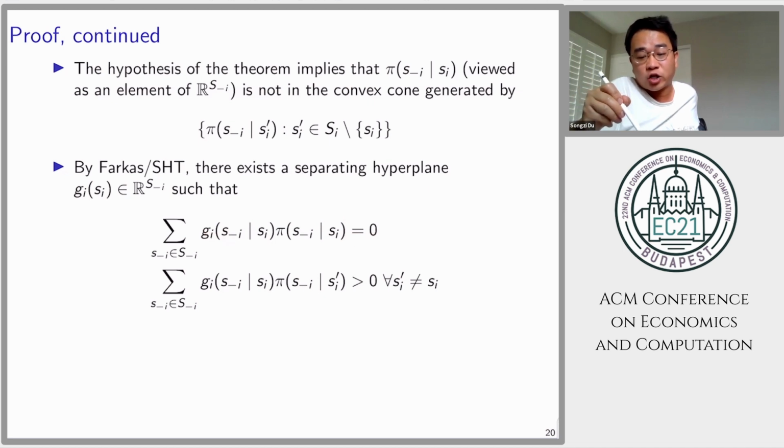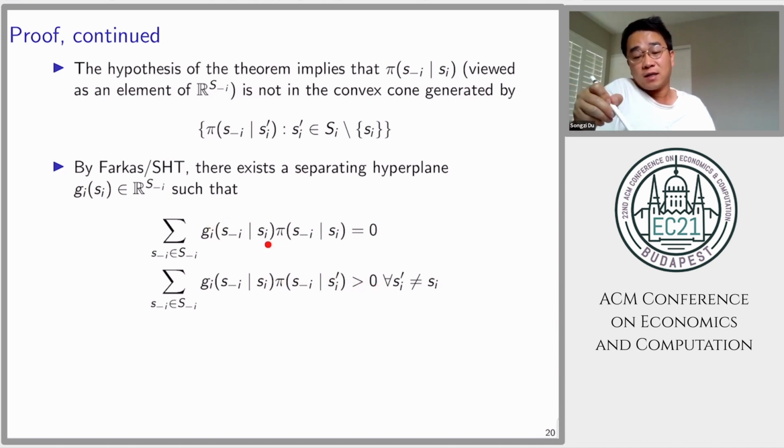So they are exactly targeted for the belief, and moreover, the dot product between Gi at Si and the belief at Si prime is positive. Clearly this is not possible if pi, viewed as a vector at type Si, is in the positive span of pi at Si prime, because we have a positive dot product.